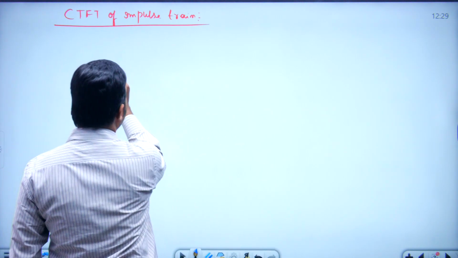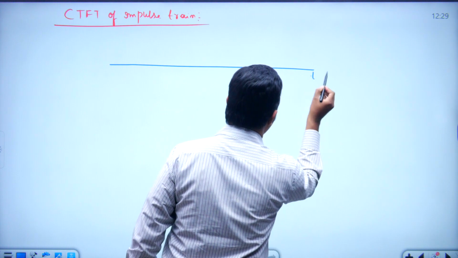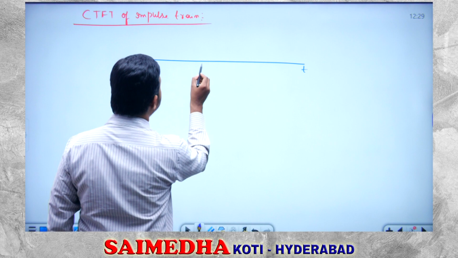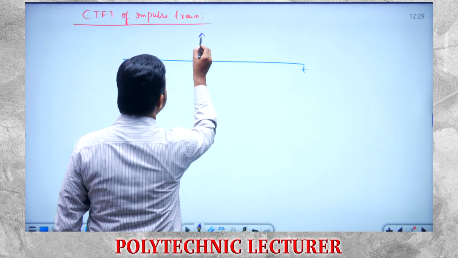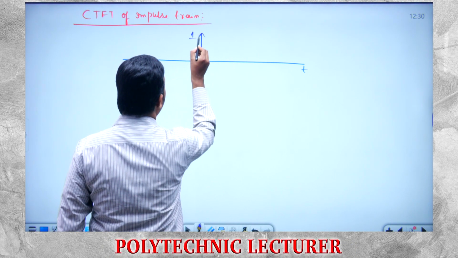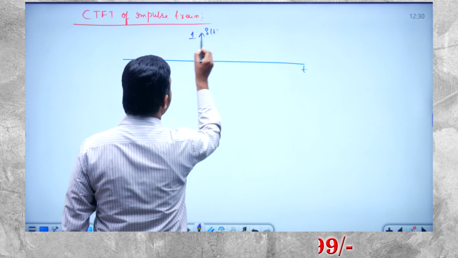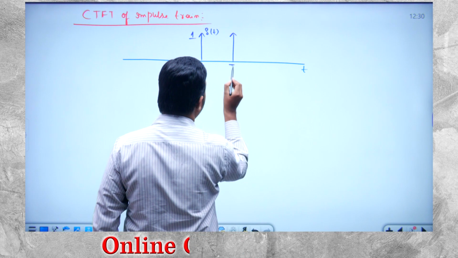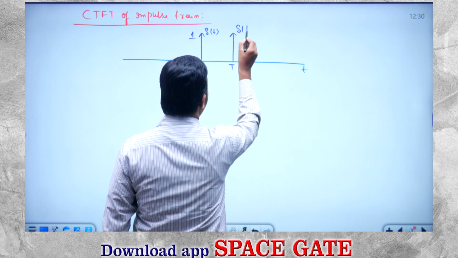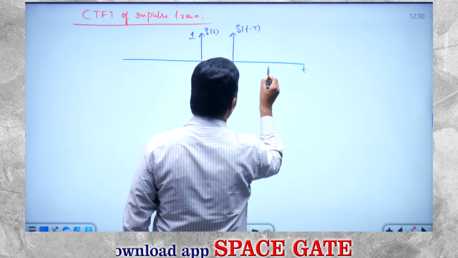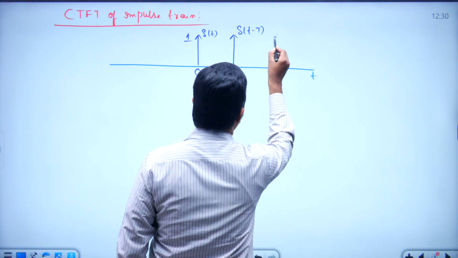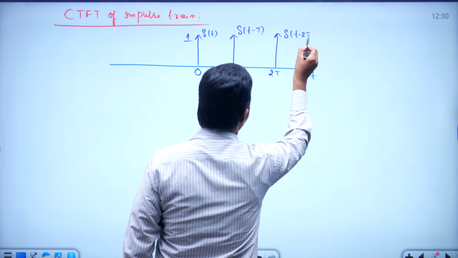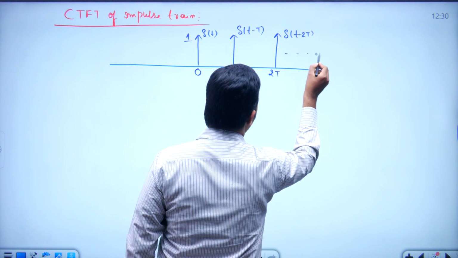Impulse train signal in time domain can be given like this. Here I am going to take one impulse, area strength is 1. If I take one more impulse here at T, this becomes del of t minus T. I will take one more impulse here at 2T, so del of t minus 2T, and so on.